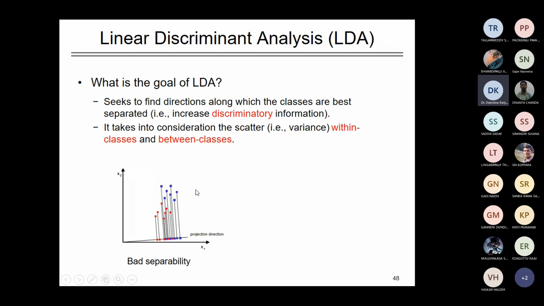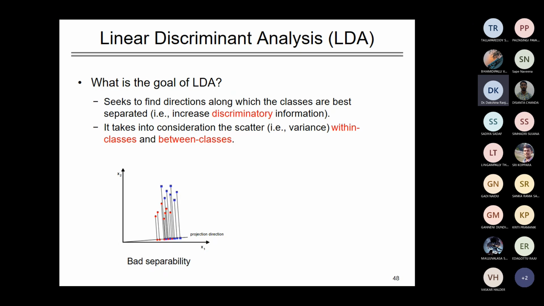We are projecting these data points onto this line. After projecting the points onto this line, we will get two different means, since here we are considering two-dimensional data.